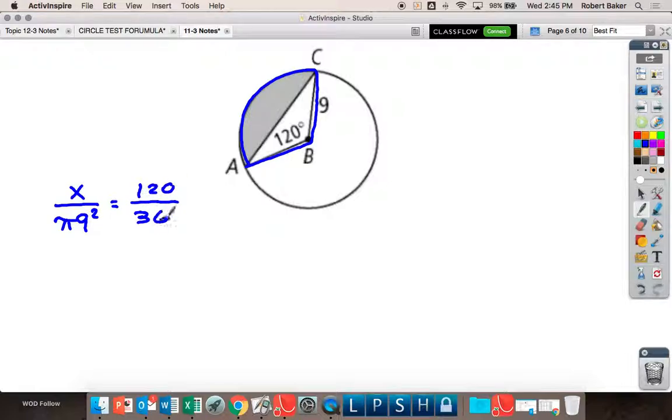That is setting up the formula. Now I'm going to go through my simplification process. X over 81 pi is equal to 1 over 3. So theoretically I'm looking for 1/3 of 81, but we can go ahead and do it.